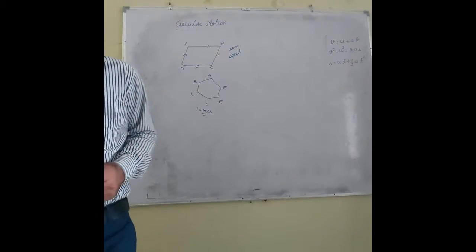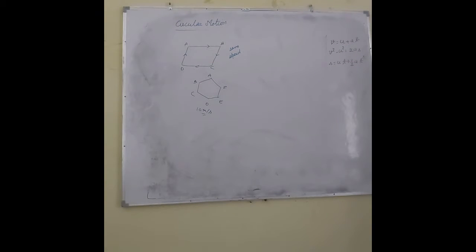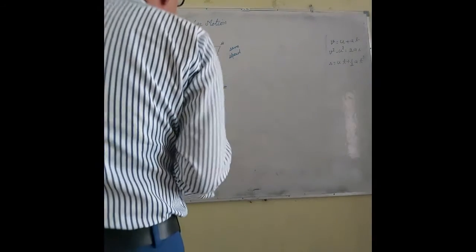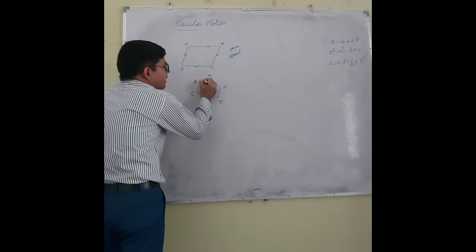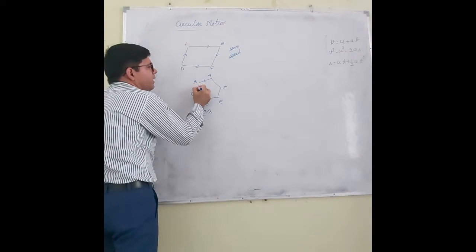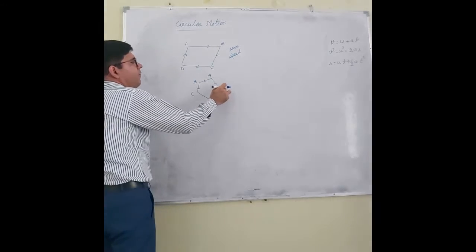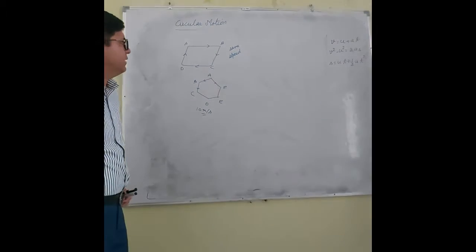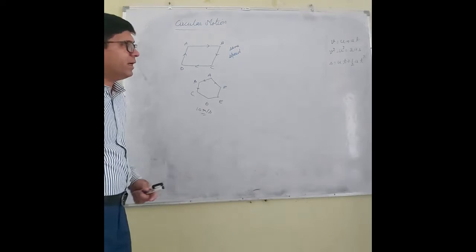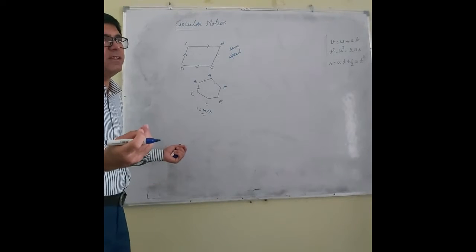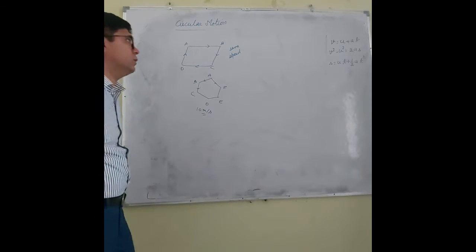Is this motion uniform motion or non-uniform motion? It is again a non-uniform motion. Why? Because there is a change in the direction of motion at B, at C, at D, at E, at F, at A. So again this motion is regarded as a non-uniform motion.